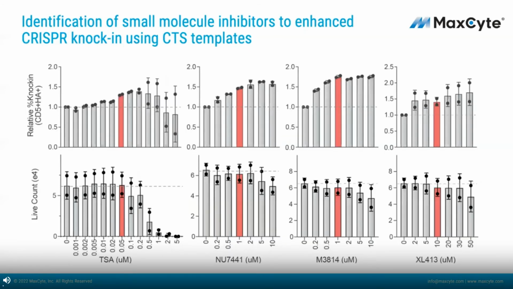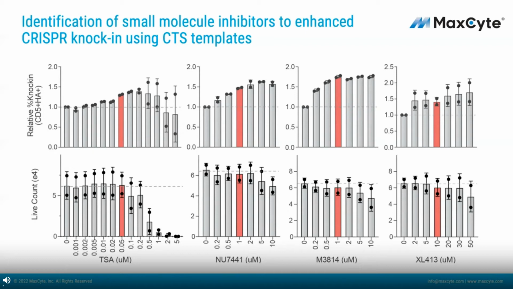And so there's one additional, I would say, very cool thing which came out of this work, and that was going beyond just modifying the templates and actually looking at other strategies with which we could boost the HDR efficiency for the knock-in of large constructs into primary T cells.